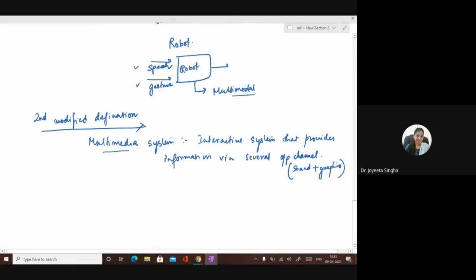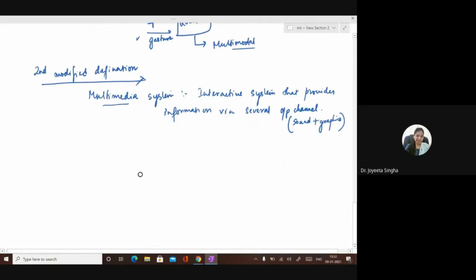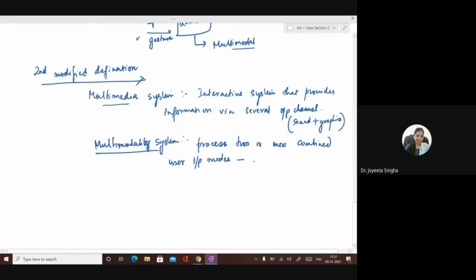Whereas multimodality is mostly focused on the input end. A multimodal system processes two or more combined user input modes, such as speech, touch, gestures. These are the input end.